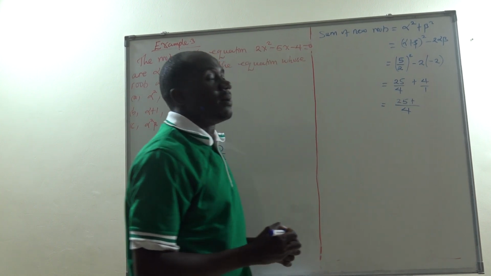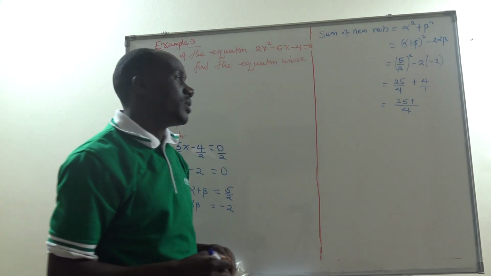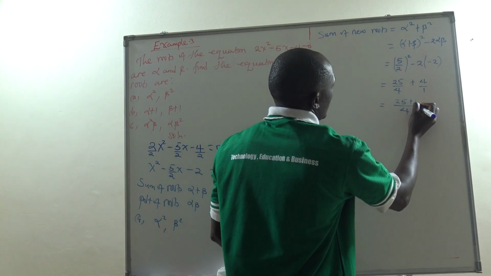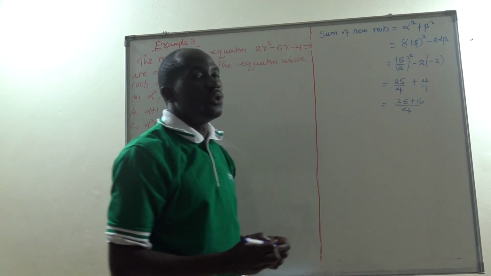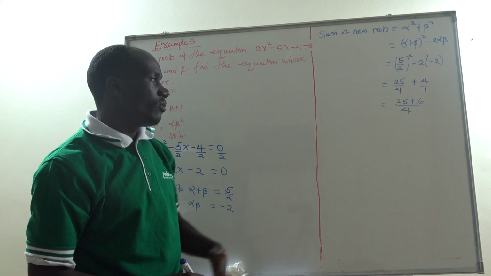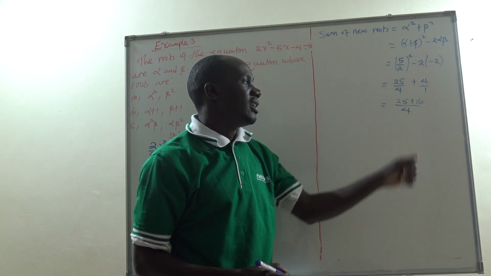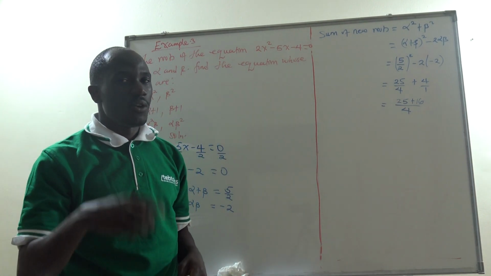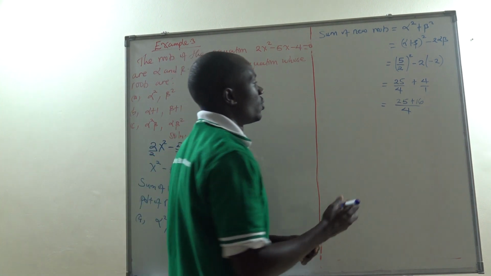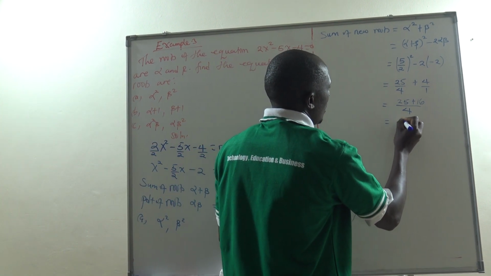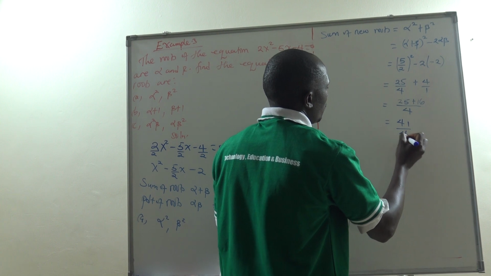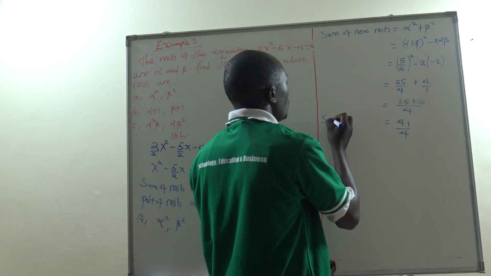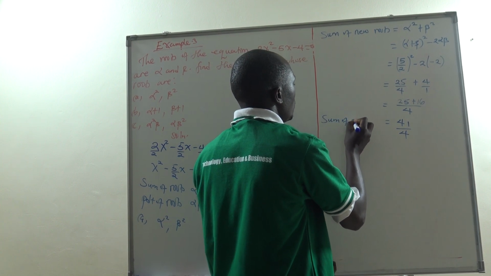Plus 4 divided by 1 is 4, and 4 times 4 is 16. So when we add this and this, we come out with 41. So it will be 41 out of 4. This is the sum of new roots.